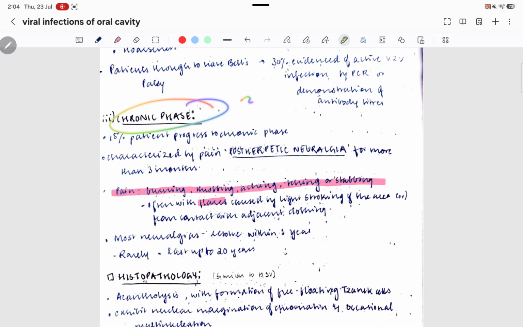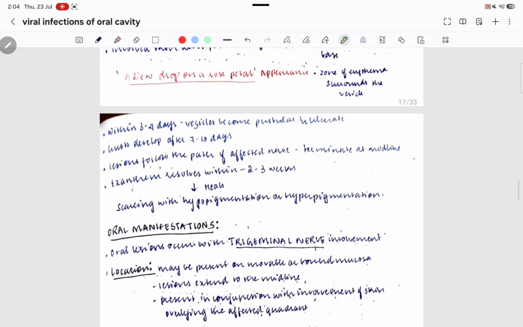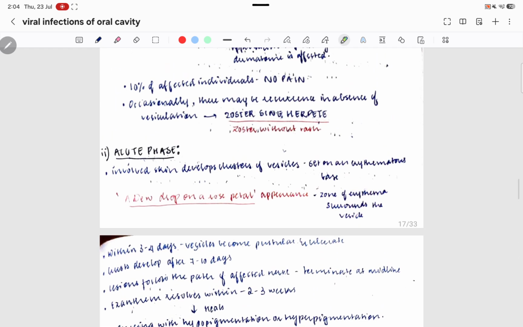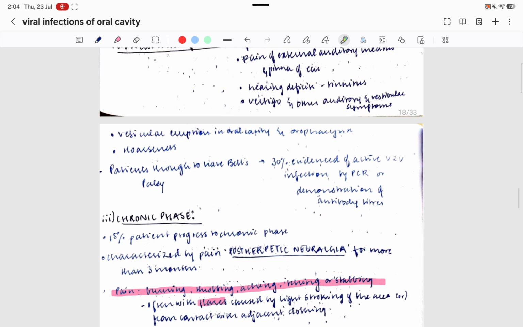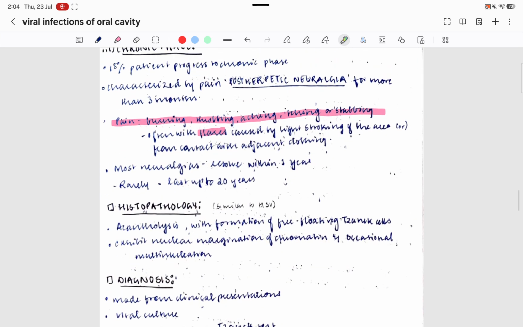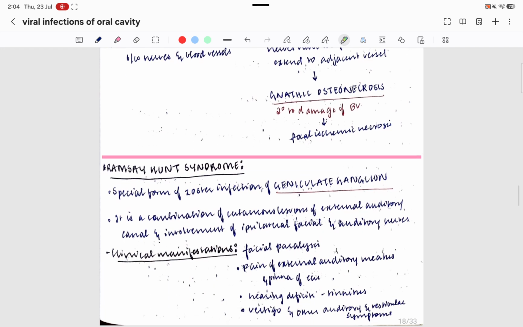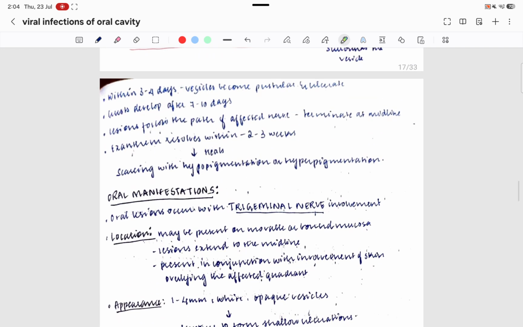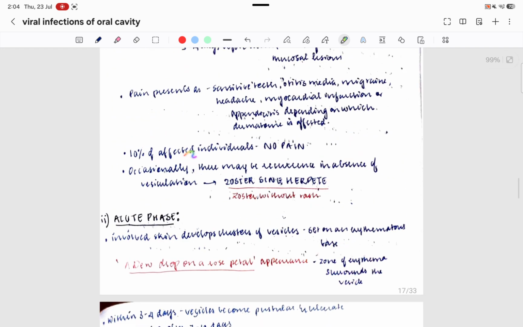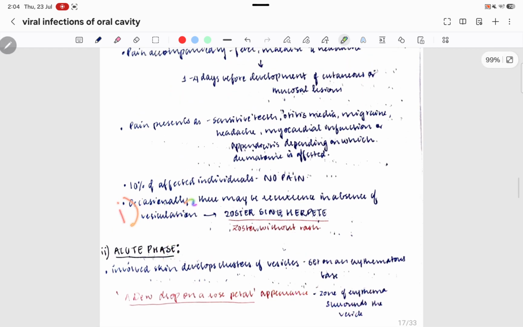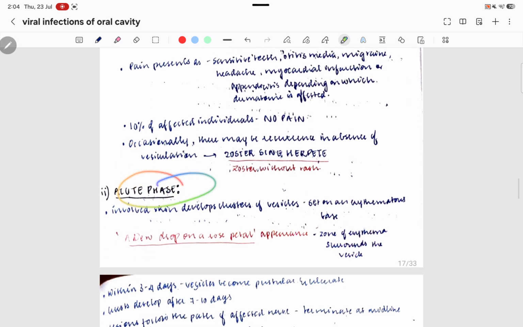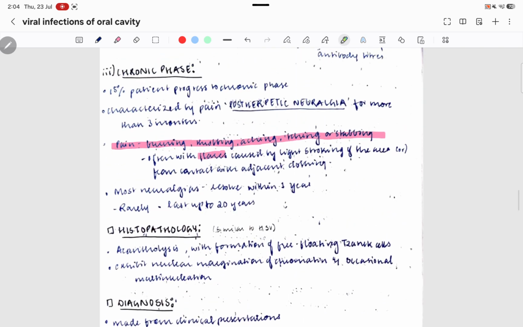The chronic phase is the continuation of the acute phase of herpes zoster. Okay, so let's see what the chronic phase has. Just remember that there is a syndrome that I have already discussed. Now you have to connect the dots: we discussed the prodromal phase, then the acute phase, and now we're discussing the chronic phase.